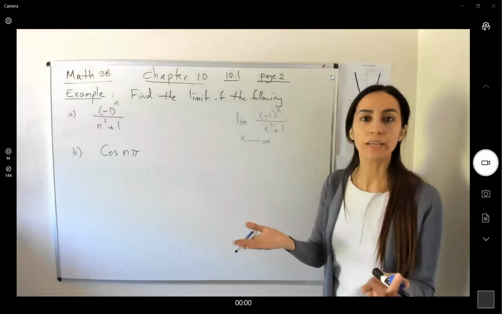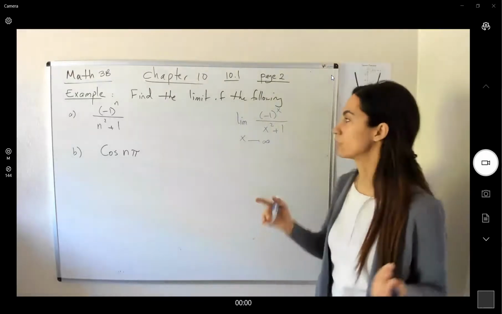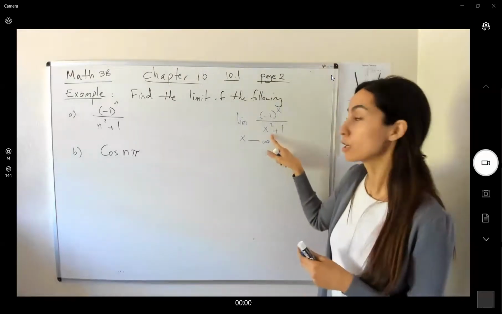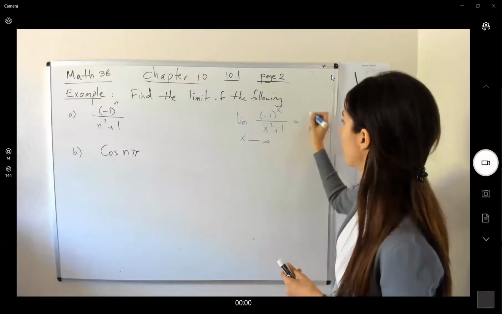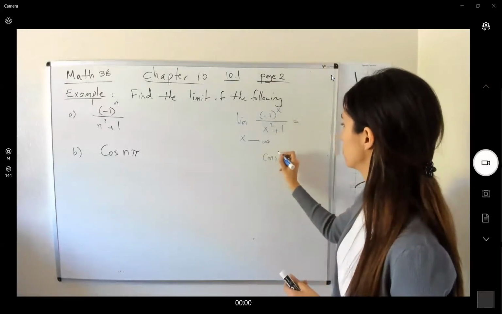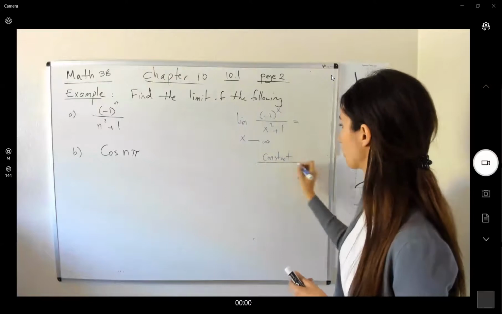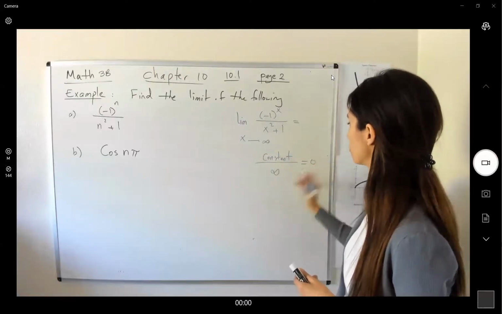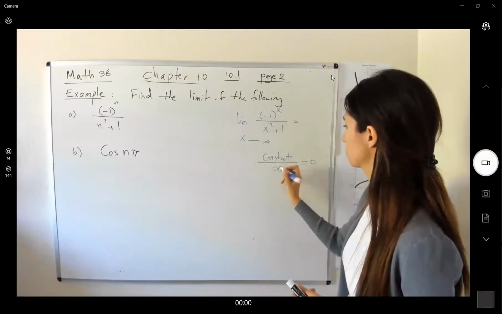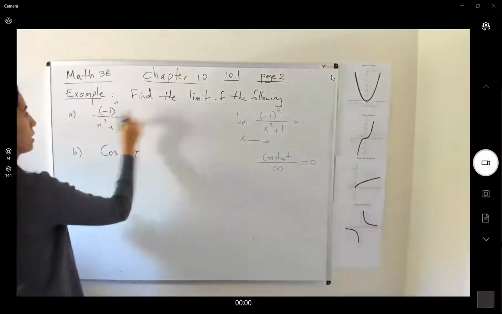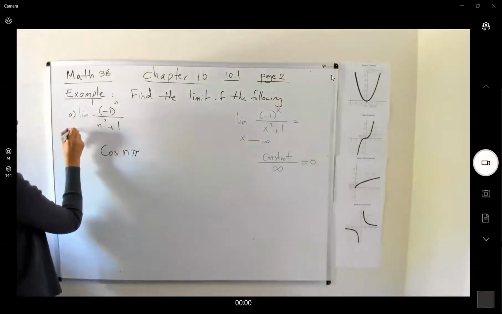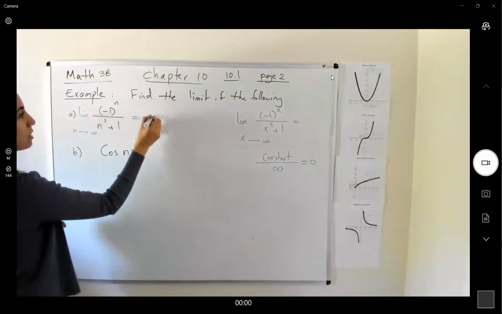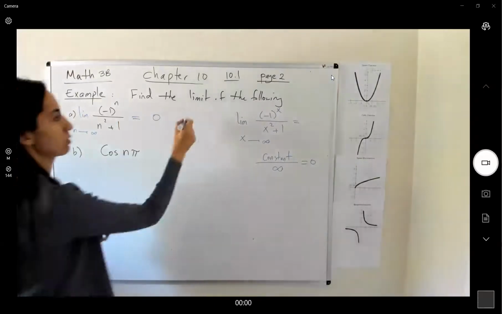So your numerator is just a constant, it's just a number. Your denominator goes to infinity, so you have a constant over infinity, which is equal to 0. So the limit while n goes to infinity is equal to 0.